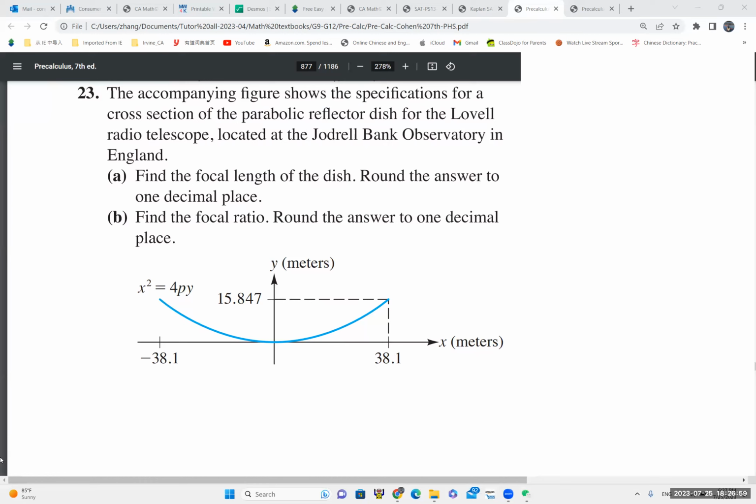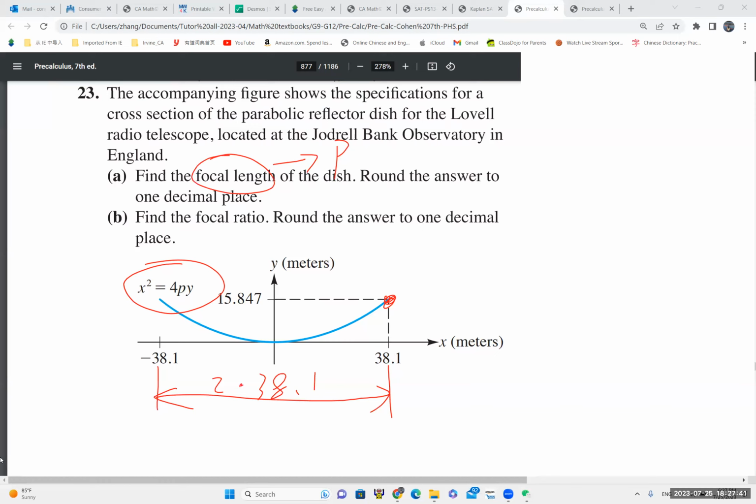Okay, so let me tell you. It just gives you a point on this parabola, right? Then you can make use of this equation to find P. P is the focal length. So when we get P, we get the focal length. Then how about the diameter? The diameter is just 2 times 38.1, right?